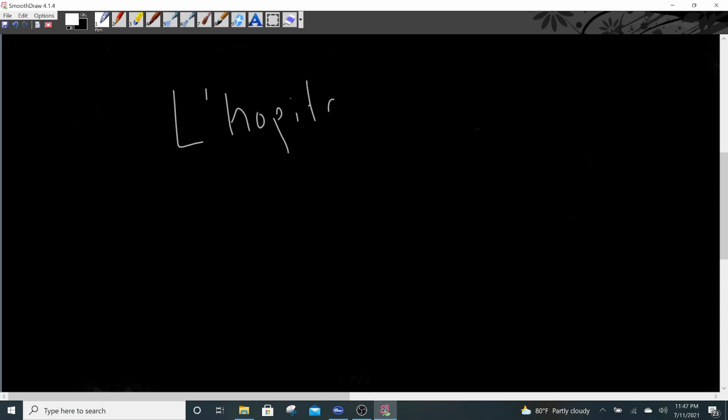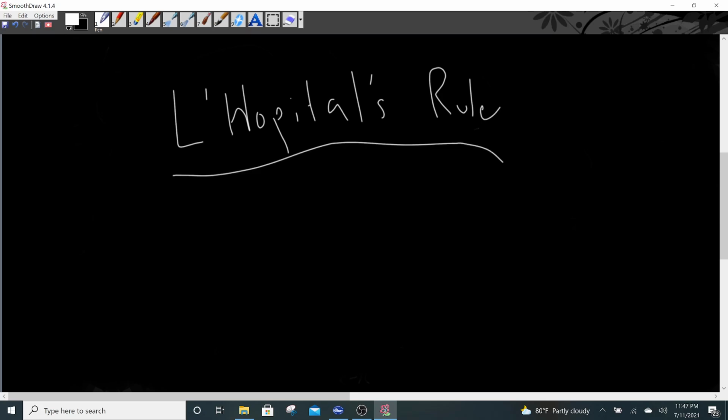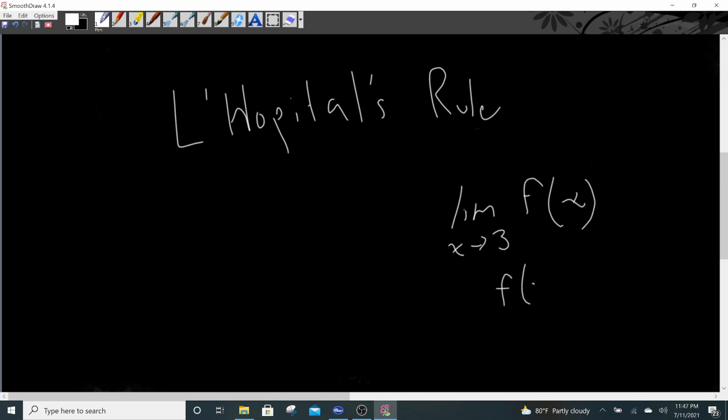Since I'm not going to be doing indeterminate forms right now, let's just say that for almost every single limit that is more complicated than limit as x approaches 3 of f of x, where f of x is equal to x squared, for pretty much every limit that you're going to have to do from the point that you learn derivatives on, you're probably going to have to use L'Hopital's rule.